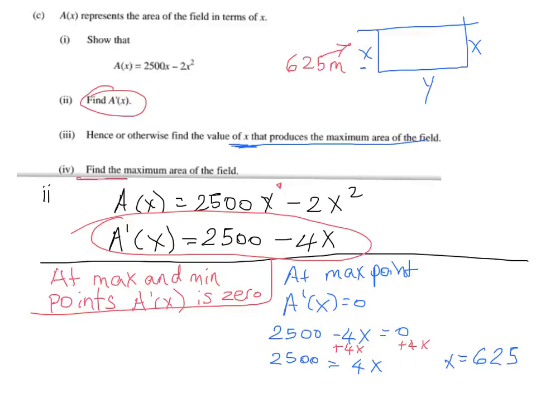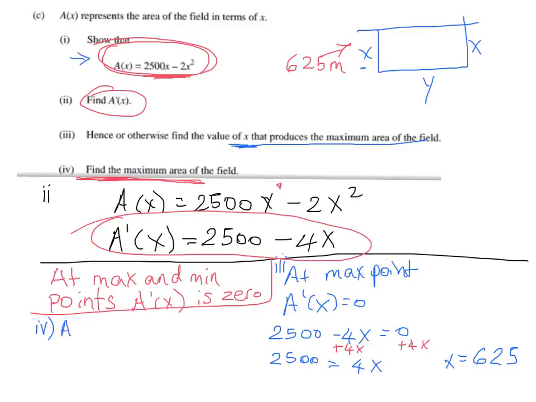Now they want to know what the maximum area of the field actually is. Well, we know, according to this equation right here that I'm circling, that the relationship between area and x is 2500x minus 2x squared. That's one way to think about this question. So in order to do part 4, so let's label this part 3 here so we don't get lost on our page. So in order to do part 4, one of the ways in which we could do it would just be to go back to our area equation.